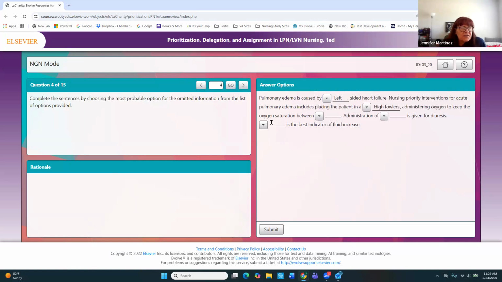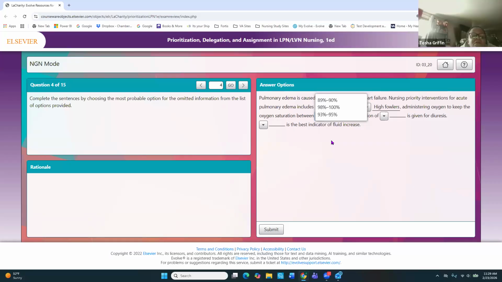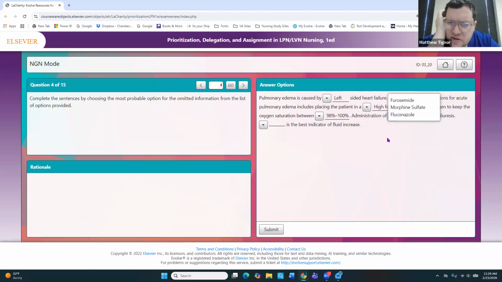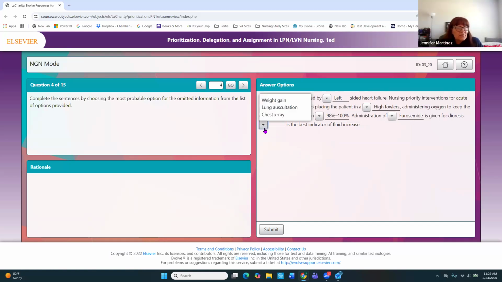Administering oxygen to keep the oxygen saturation between 98 to 100%. Everybody's good with that? Administration of what medication is given for diuresis? Furosemide. And then blank is the best indicator of fluid increase. Weight gain. Good job.